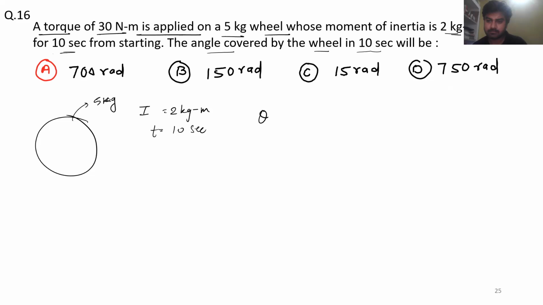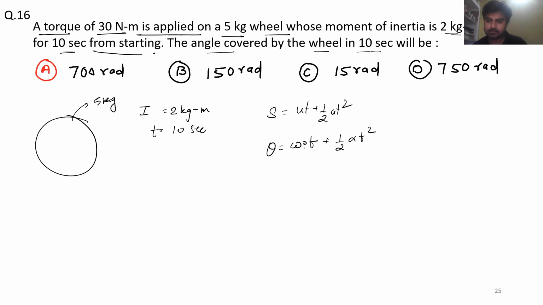So you can use the analogous equation of S equals ut plus half at square. Theta is equal to omega I t plus half alpha t square, right? Omega I is the initial velocity. What is the initial velocity?